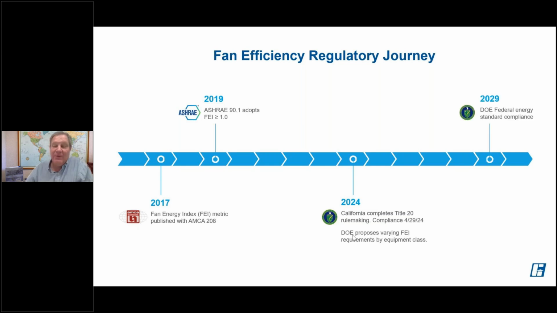But the way DOE works, at the earliest that's going to be 2029 before we have a national minimum FEI standard in place for the entire country. So between now and 2029, we're going to be dealing with codes and individual state requirements, and we'll be moving towards the mandatory requirements of DOE at the earliest in 2029.